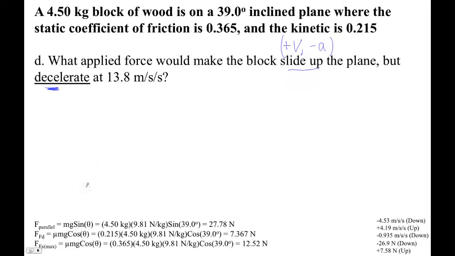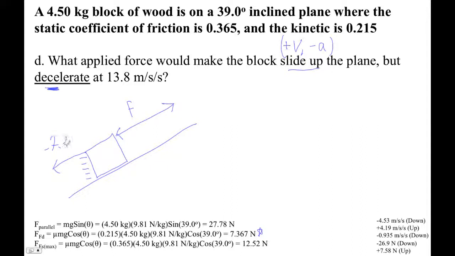Okay, so let's draw a picture of it sliding up the plane. All right, let's see. There's some applied force. We'll just pretend like we don't know which way it is. Now, because it's sliding up the plane, the dynamic friction is down the plane.